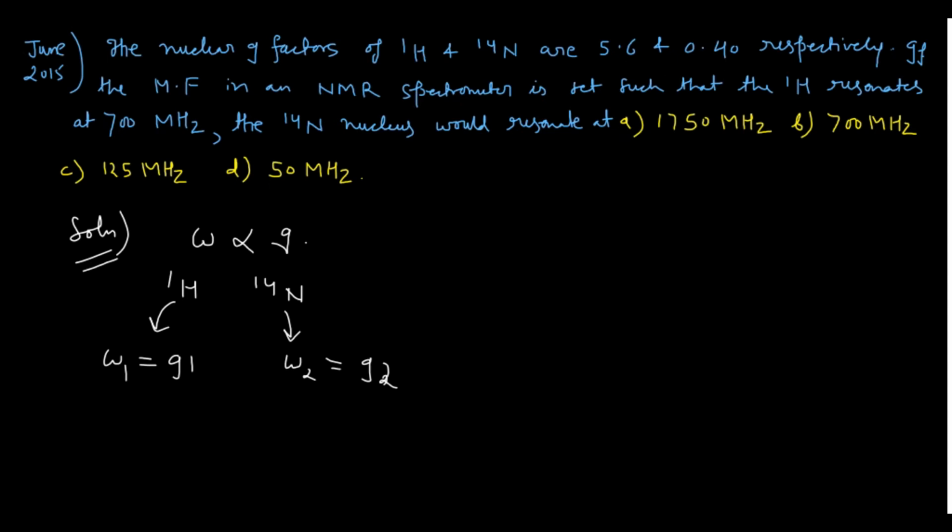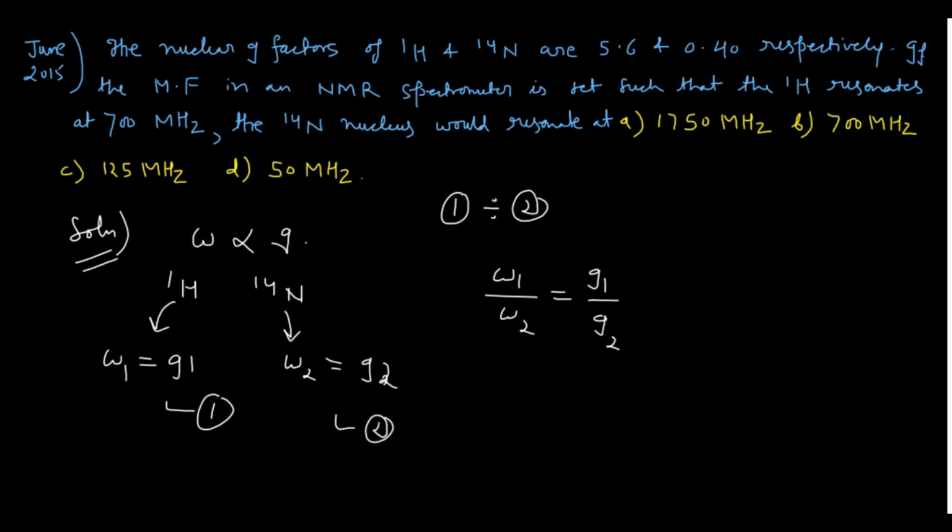If this is equation number 1 and this is equation number 2, you can divide equation 1 by equation 2. So you will get omega 1 divided by omega 2 equals G1 divided by G2.